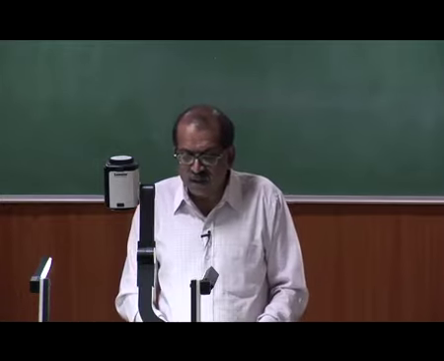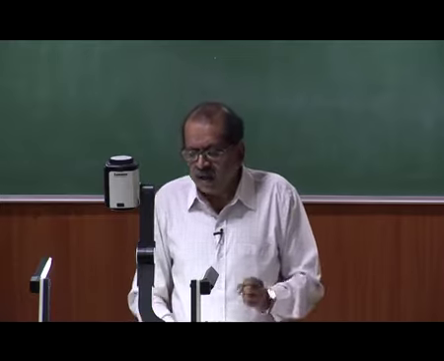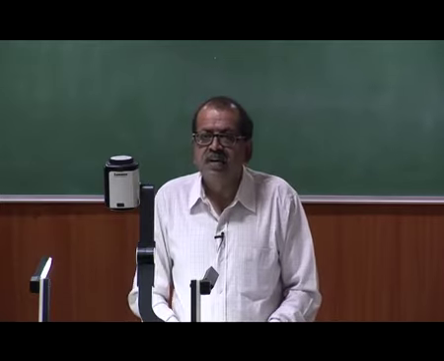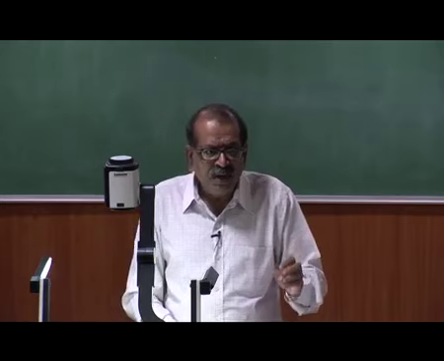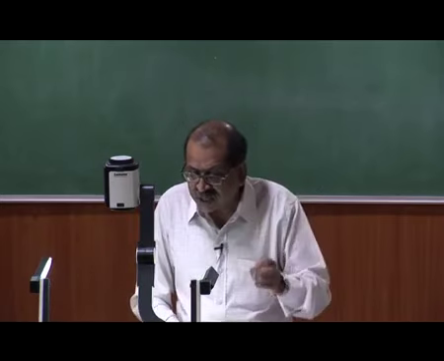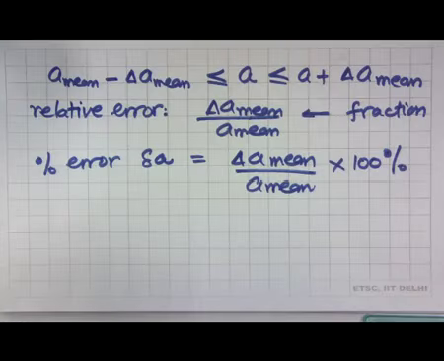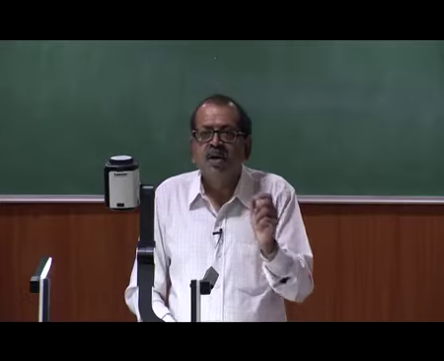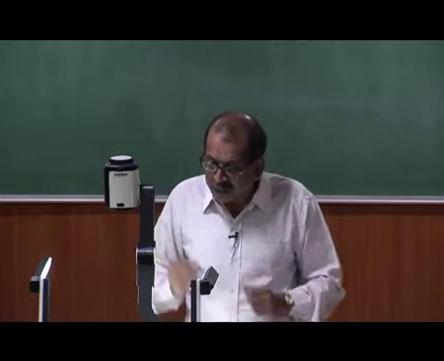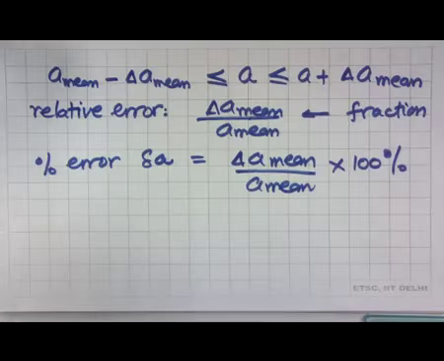Once we have obtained this, we can say that the measurement will lie between A minus delta A mean and A plus delta A mean, which means delta A mean, the mean absolute error, gives us the range in which we can expect the measurement to lie. Based on this, we define a relative error, which is equal to delta A mean divided by the mean.